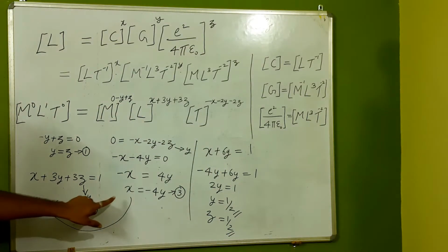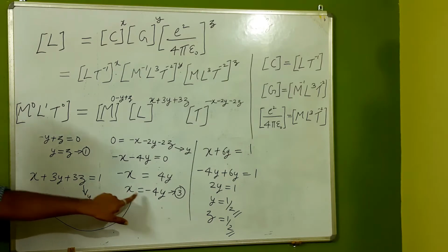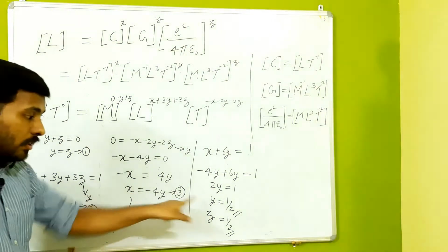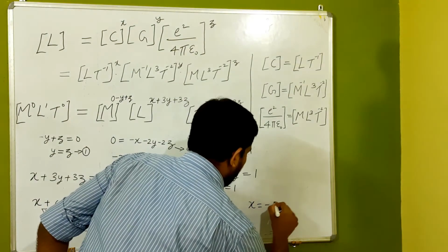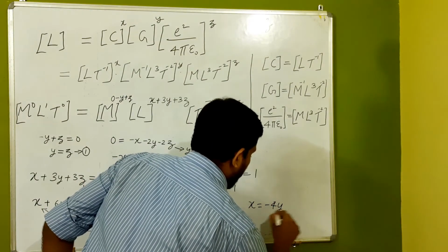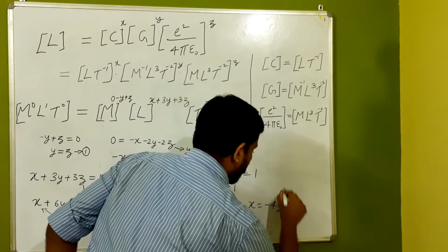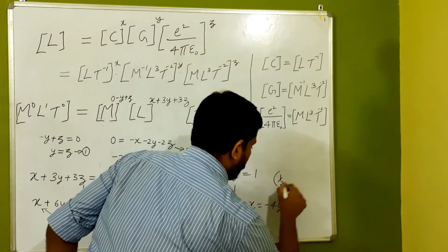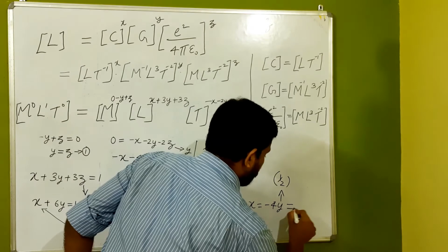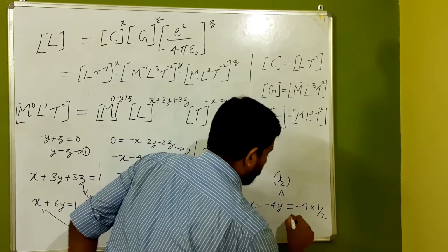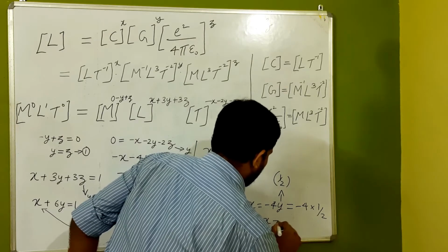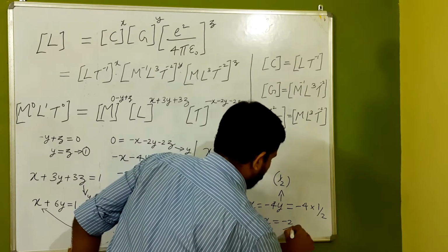And from these two, we know that x is equal to minus 4y and y is equal to 1 by 2. So x becomes minus 4 into 1 by 2, or x is equal to minus 2.